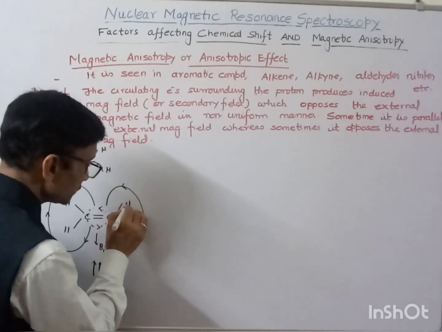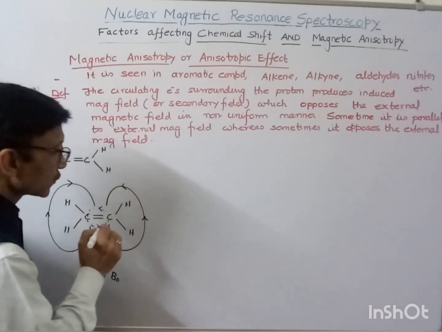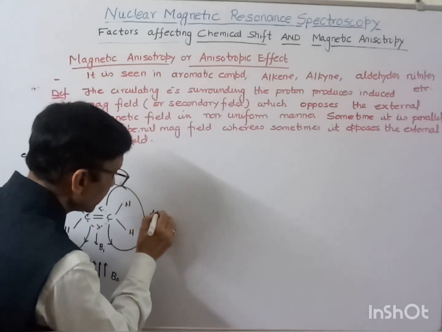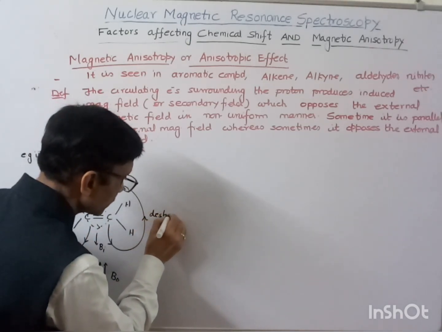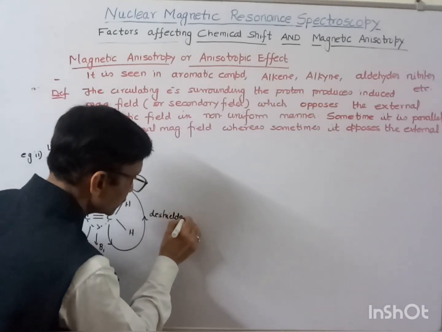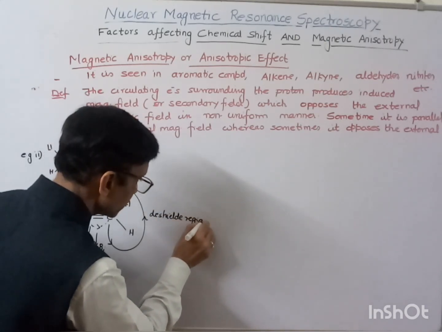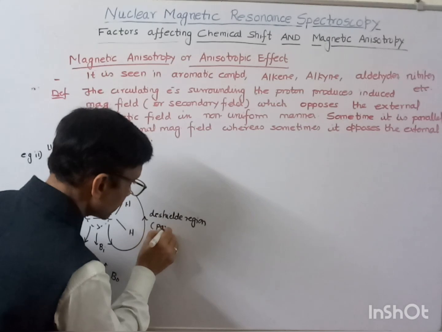So these four hydrogens in the alkene are present in the deshielded region, or paramagnetic zone.